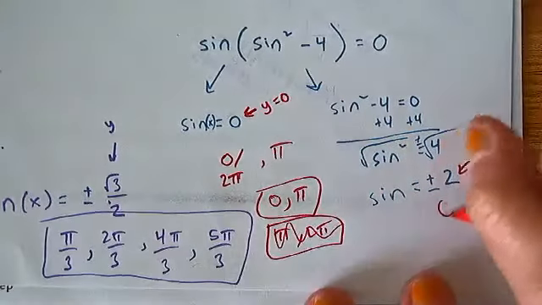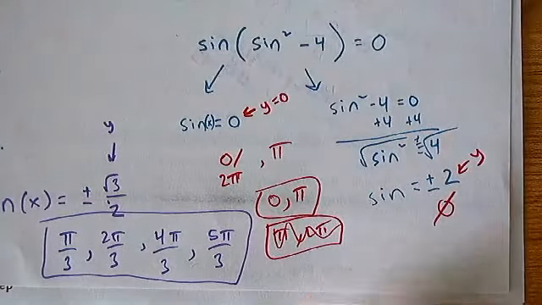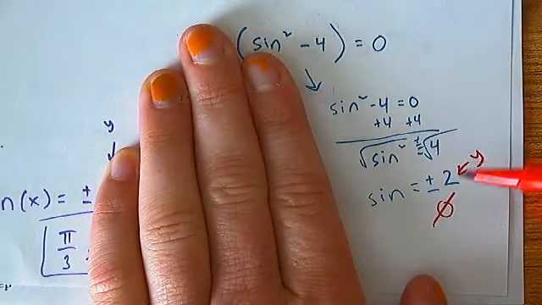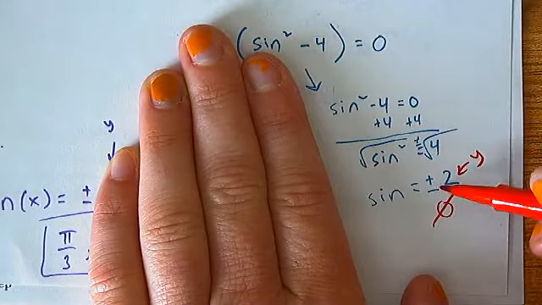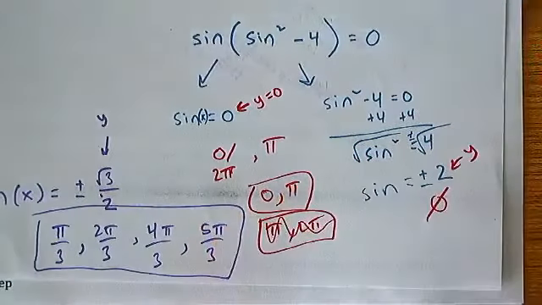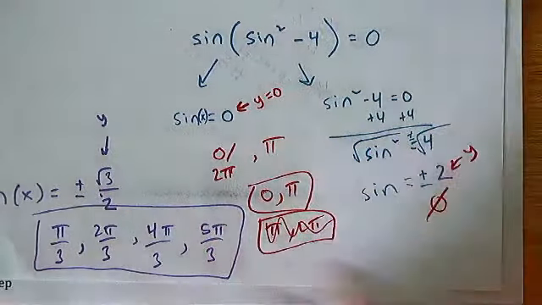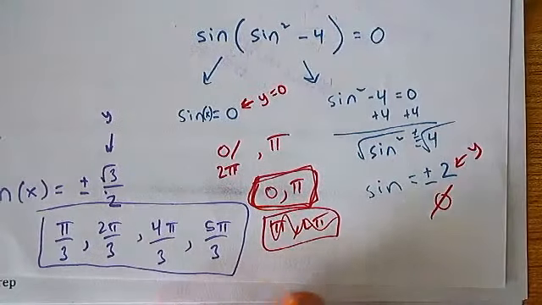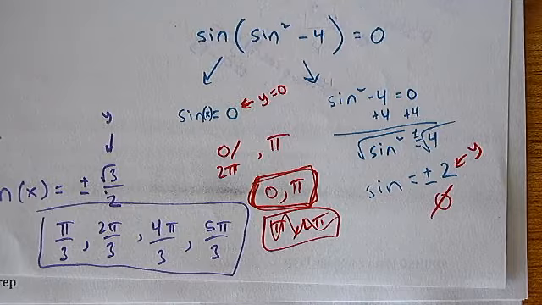Nope. So this part has no solution. If we didn't have this section and this was my only problem, then the entire answer to this would be no solution. But because we had the two separate equations, we do have solutions. So this just becomes obsolete, and your only two answers are 0 and pi.